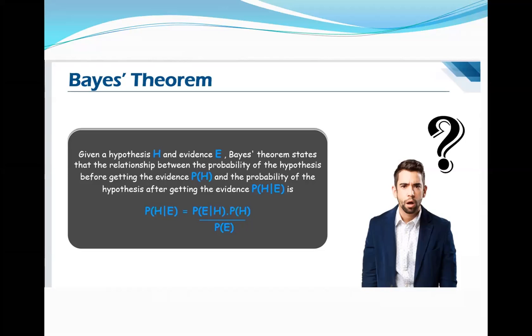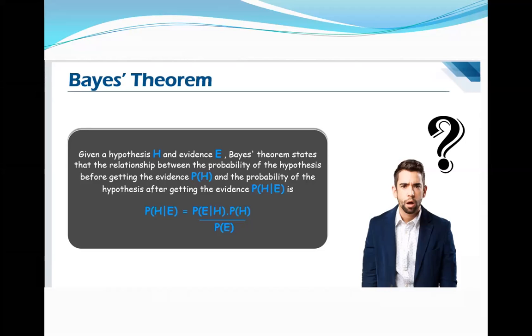Given a hypothesis H and evidence E, whatever data we already have is the evidence. Bayes theorem states the relationship between the probability of the hypothesis before getting the evidence, which is the probability of H, the prior probability that we already know, and the probability of the hypothesis after getting the evidence, which is the posterior probability that we have to calculate.